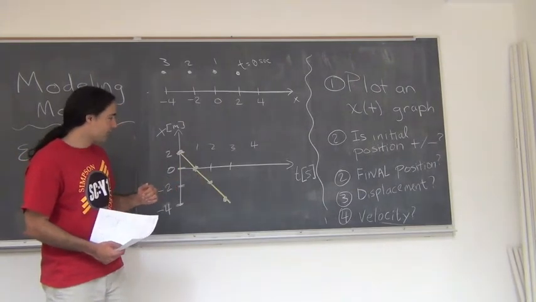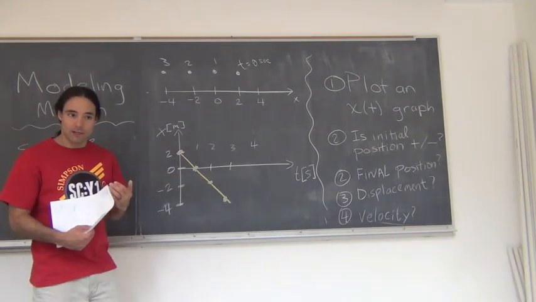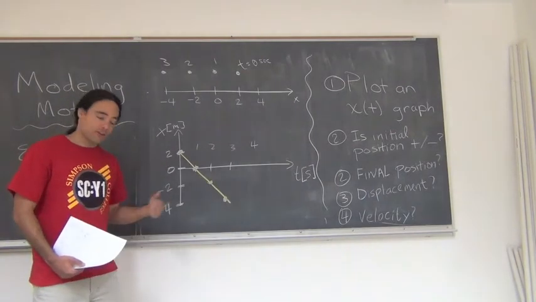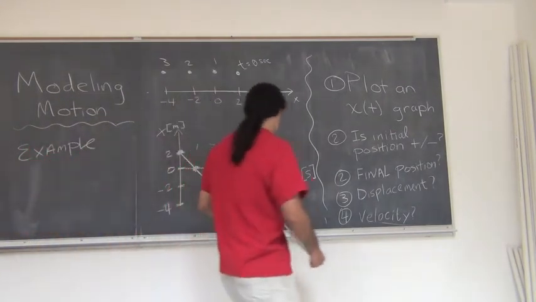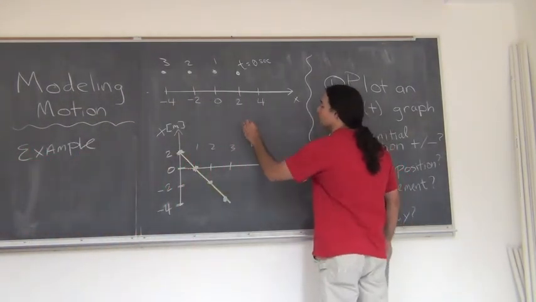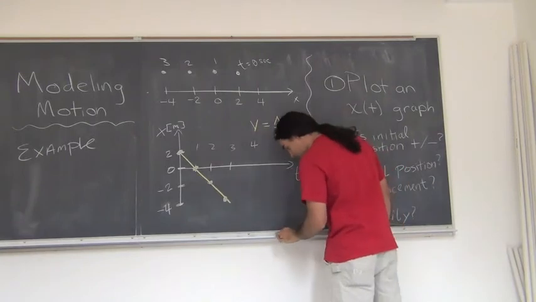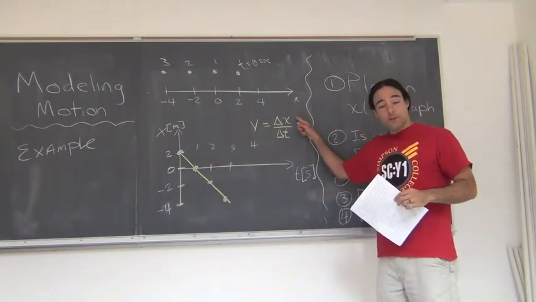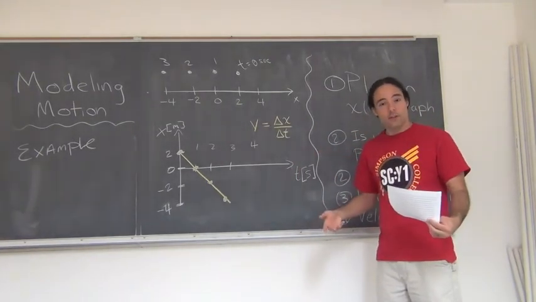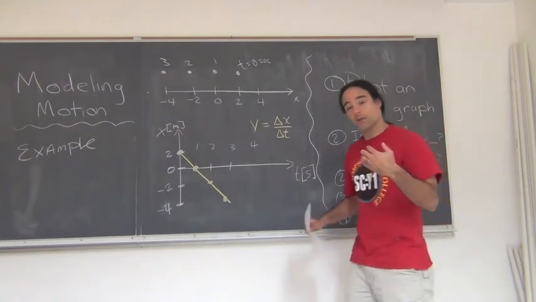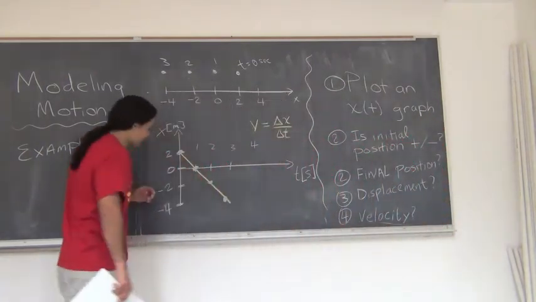So displacement is negative. What about my velocity? Well, we know velocity is equal to the displacement divided by the change in time. The displacement's negative, therefore the velocity should be negative. Let's see if we can figure out how negative it is.